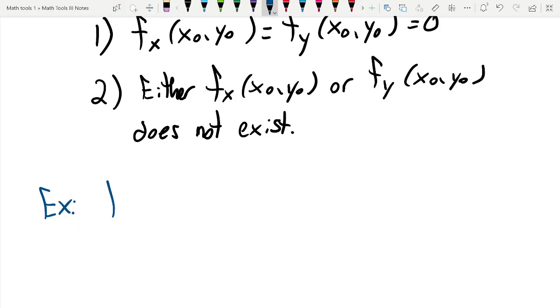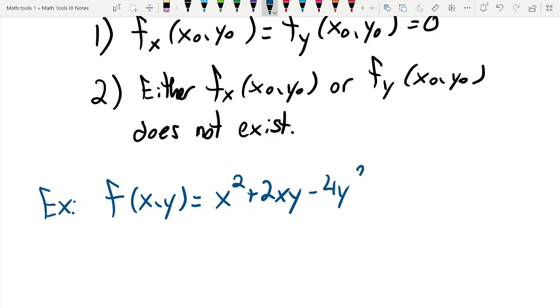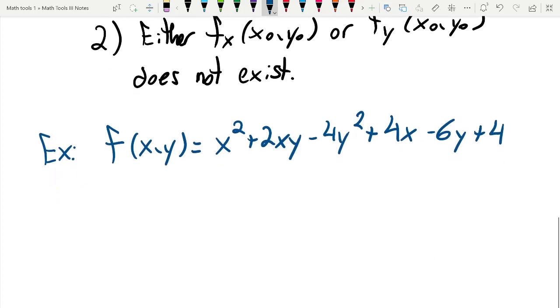So first one we'll do is, let's say f of x, y is equal to x squared plus 2xy minus 4y squared plus 4x minus 6y plus 4. Okay. So the first couple of things we'll need to do is take the partial derivative with respect to x and take the partial derivative with respect to y. Okay. So first we'll take the partial derivative with respect to x.